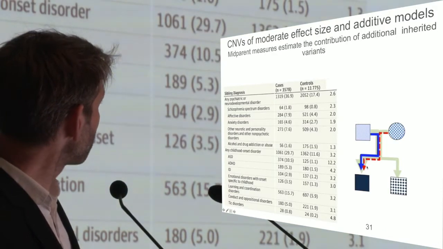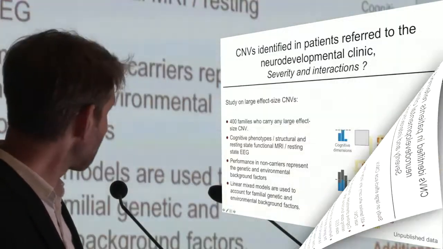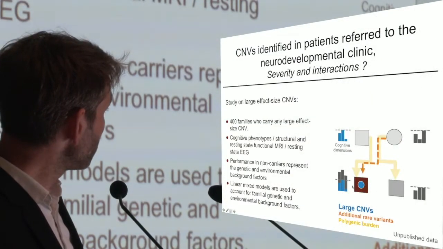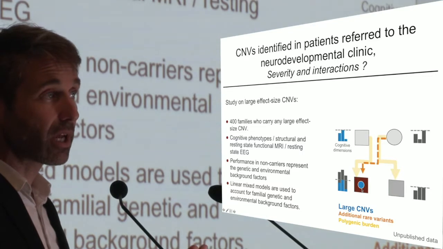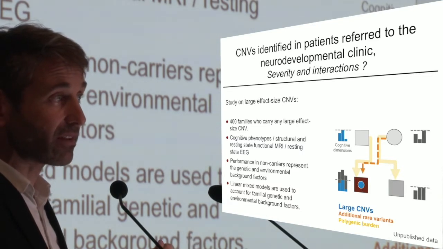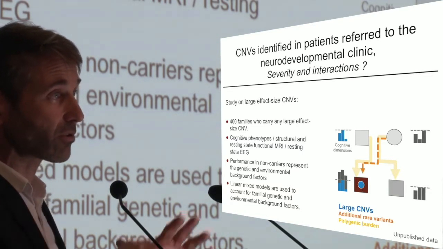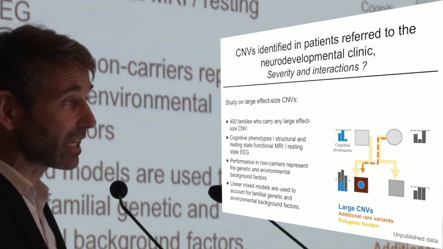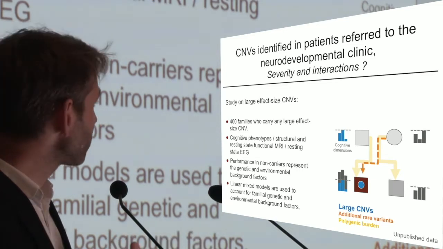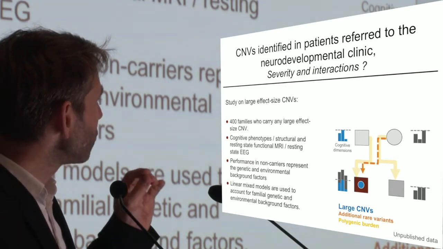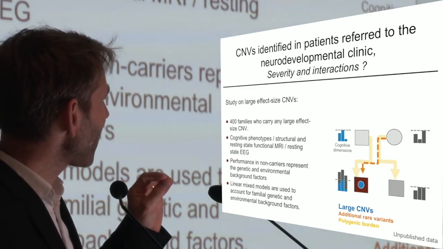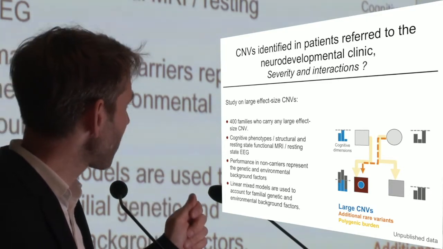We do this because, as I said, people who are referred to the clinic are referred because they have multiple disabilities: a little bit of IQ, a little bit of social cognition, a little bit of anxiety. You need that multi-level impairment to be referred to the clinic, and we think that in fact most mutations can't do that alone.